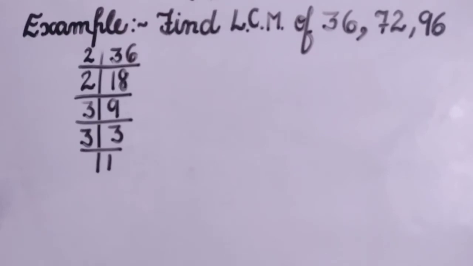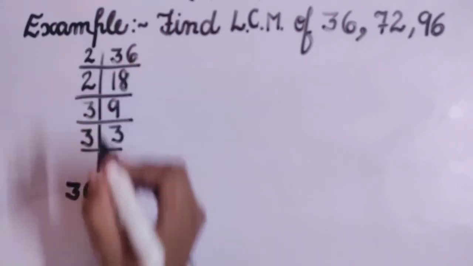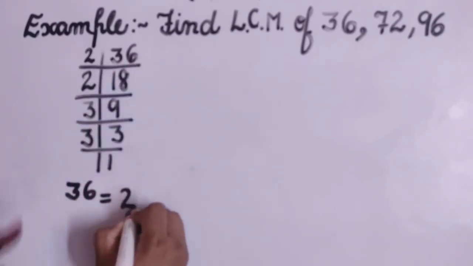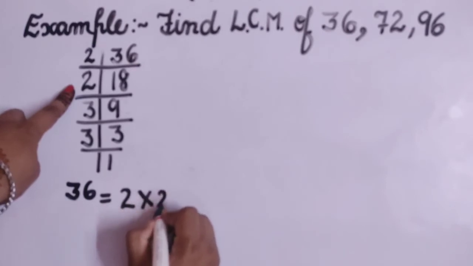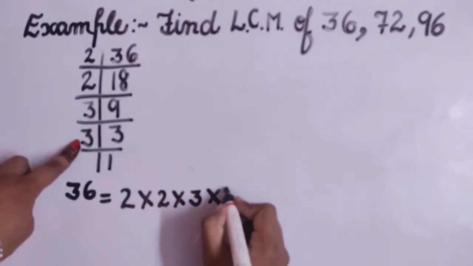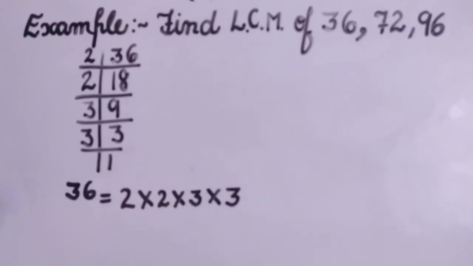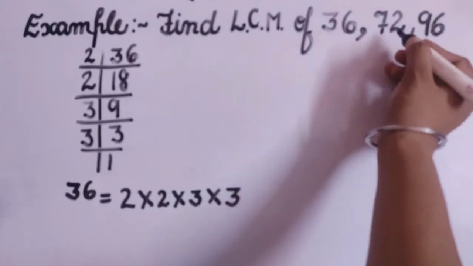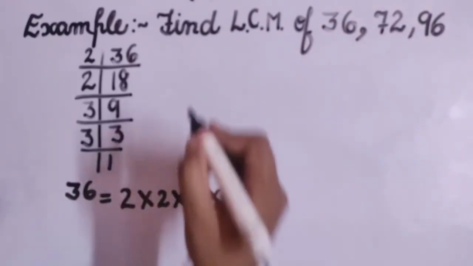Now let's write down the product of prime factors of 36. 2 multiply 2 multiply 3 multiply 3. Yes, now students, let's find out the prime factorization of 72.